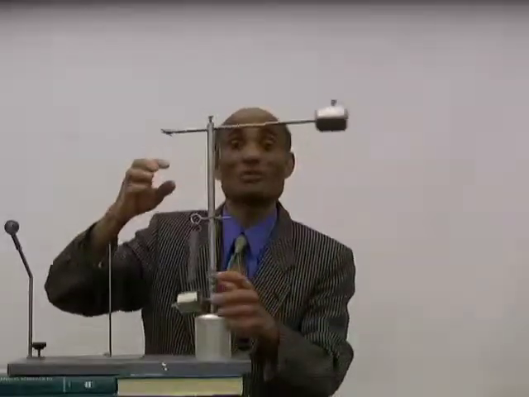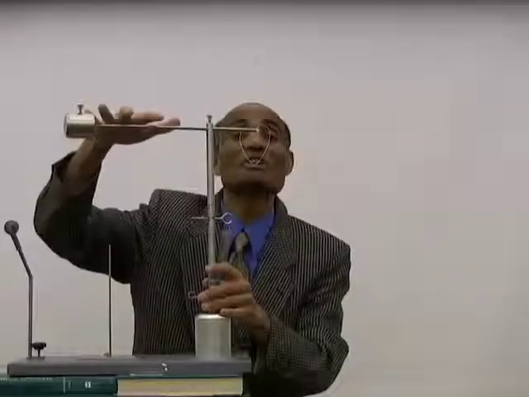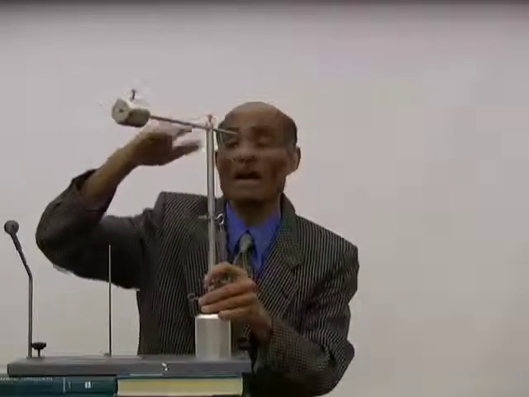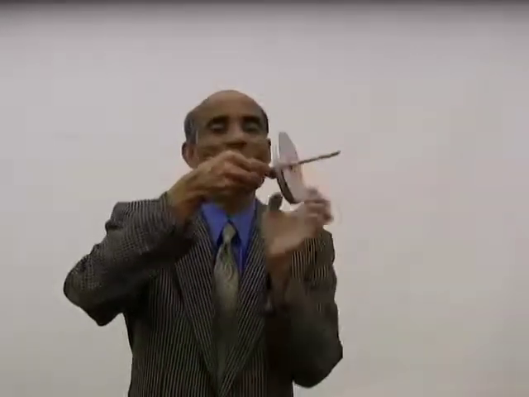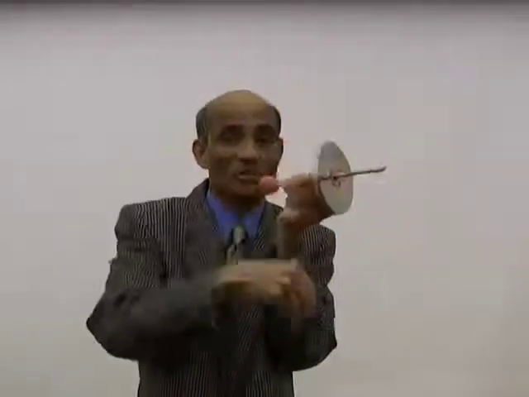The moment of inertia of this mass is now greater. Now, moment of inertia is always defined about an axis. Well, let's look at this disk. Now, it is easy for me to rotate this disk about this axis. Look at that.